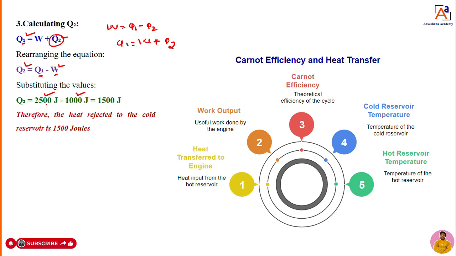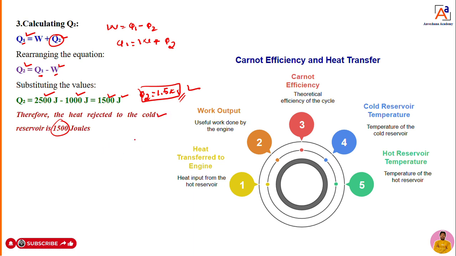So 2500 minus 1000 becomes 1500 joules. Or else you can express that heat rejection in kilojoules also. Divide it by 1000, then you get 1.5 kilojoules. This is the amount of heat rejected to the sink. So 1500 joules or 1.5 kilojoules of heat is getting rejected into the cold reservoir, or sink.